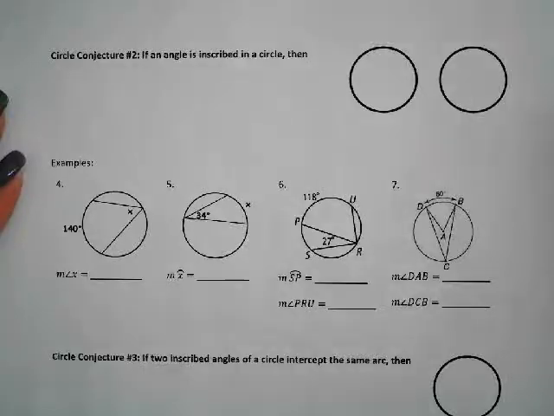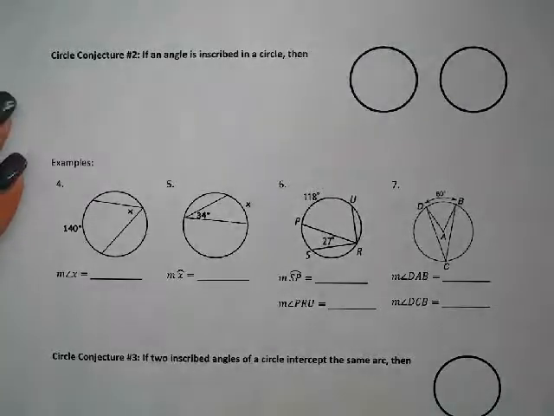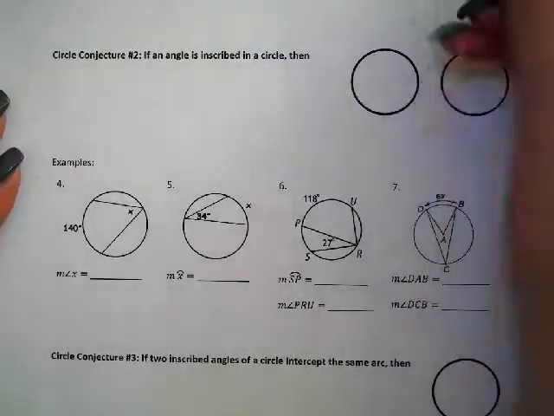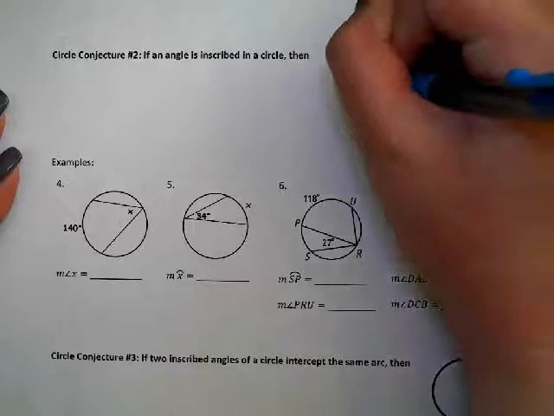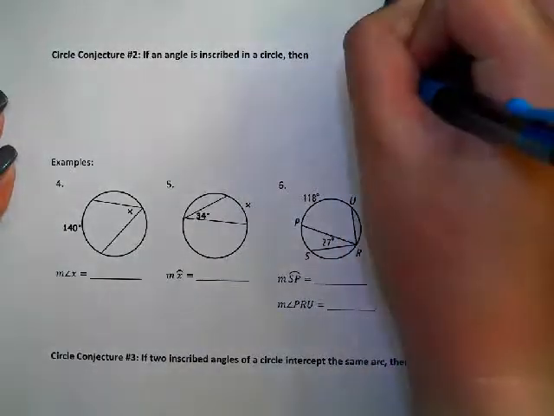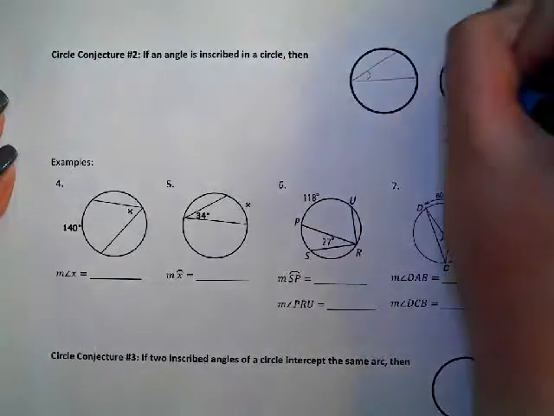All right, next, for circle conjecture 2. If an angle is inscribed in a circle, so we're going to do this two different ways, just because there's kind of two different ways of thinking of it. So you can draw the same angle, that's fine. So here's your inscribed angle.